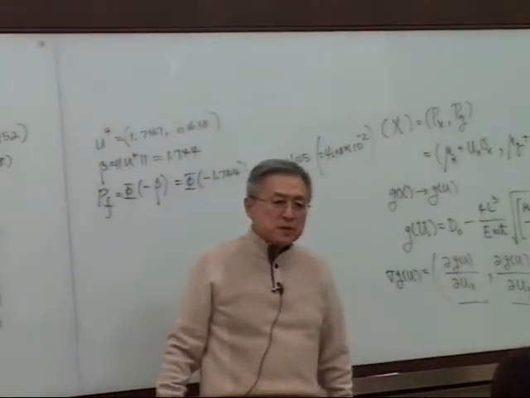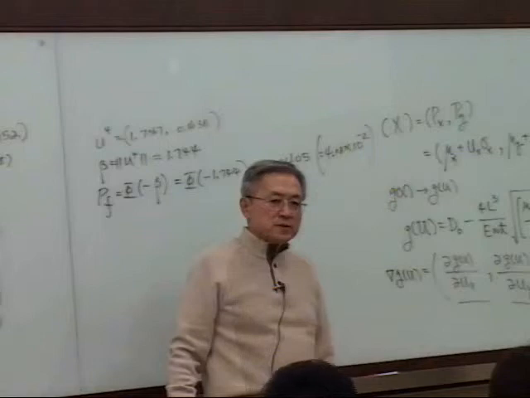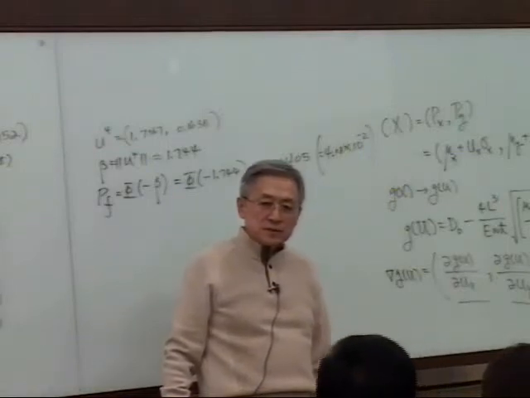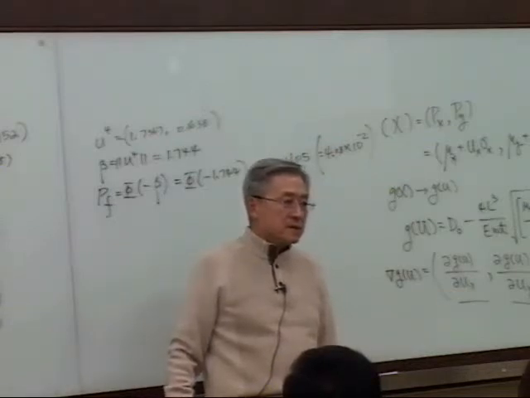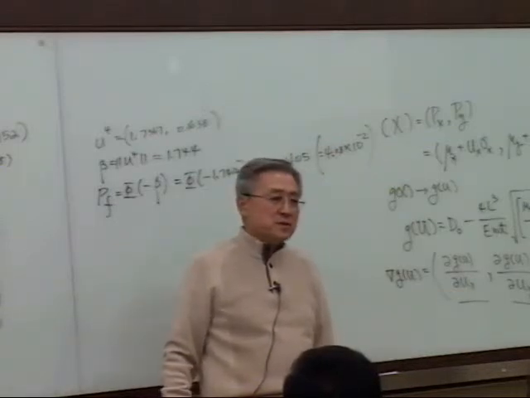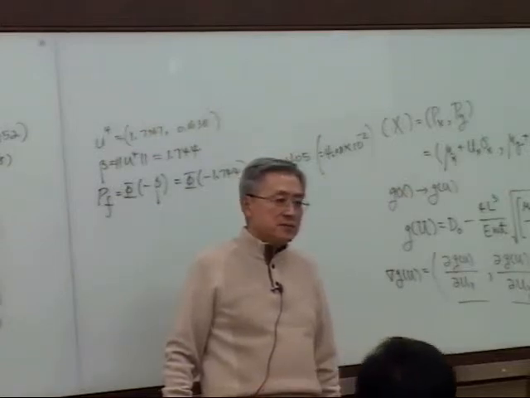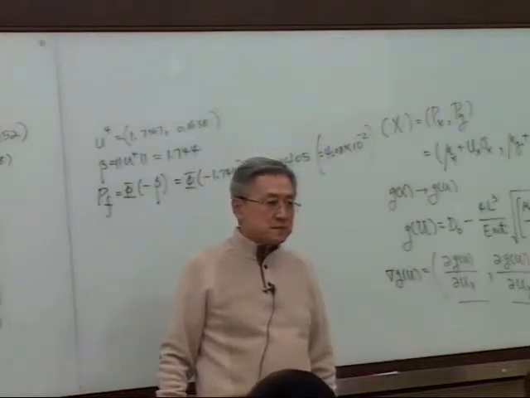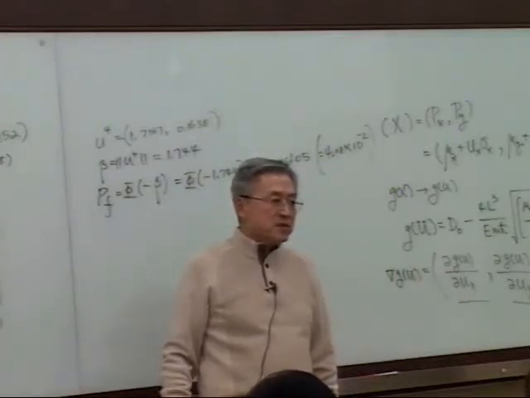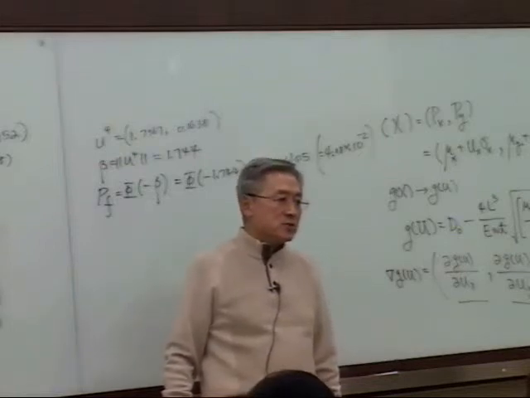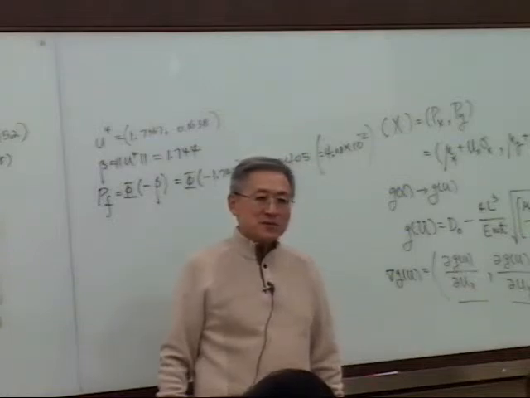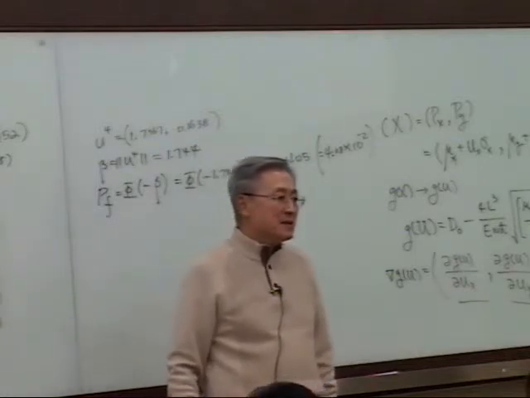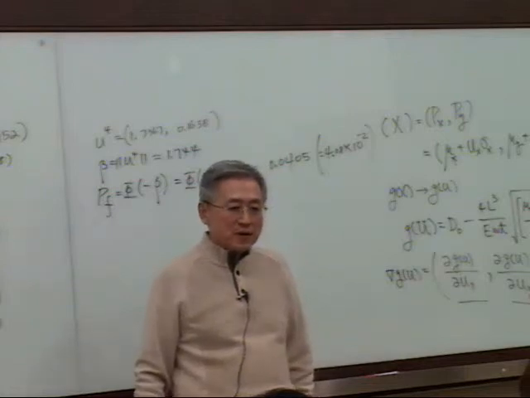Is it good, acceptable for your structural reliability calculation? Is it acceptable in reality? In your judgment, what can you say? 10 to the minus 2. You invested 1 trillion won. Not acceptable. What's the acceptable range for probability of failure?